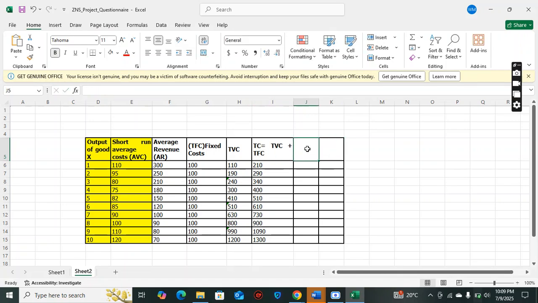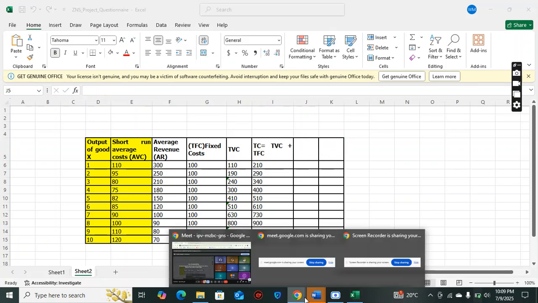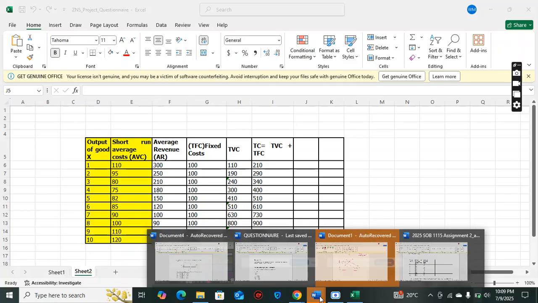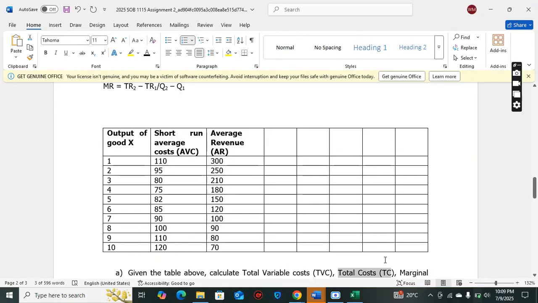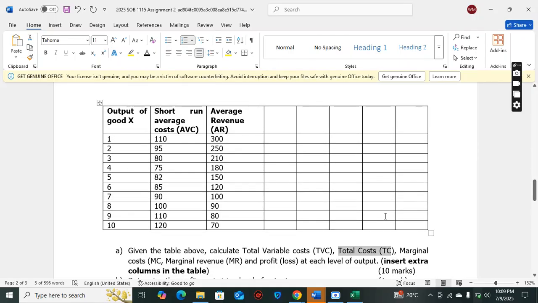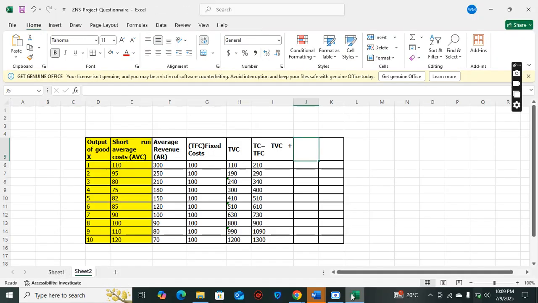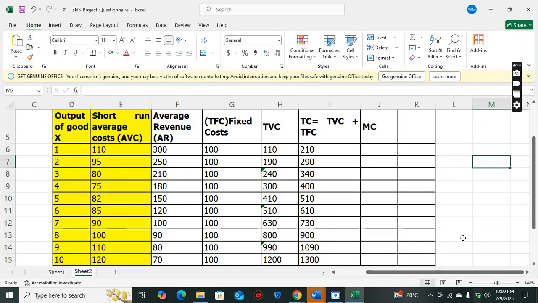Any questions? What was the next thing that they needed us to find here? Oh, marginal costs. Okay, so here there is no zero. So I'll confirm on this one again also. We'll start with the initial total cost here.